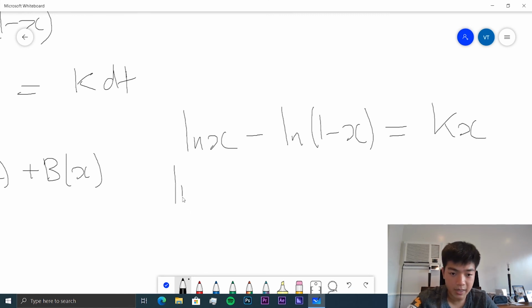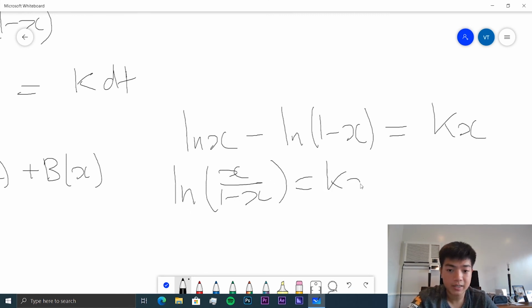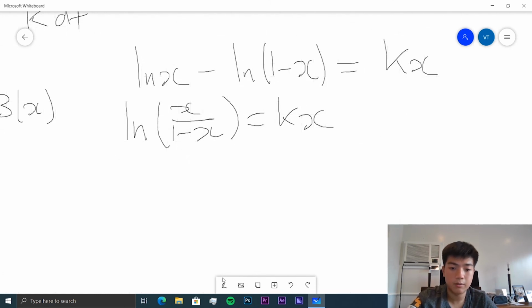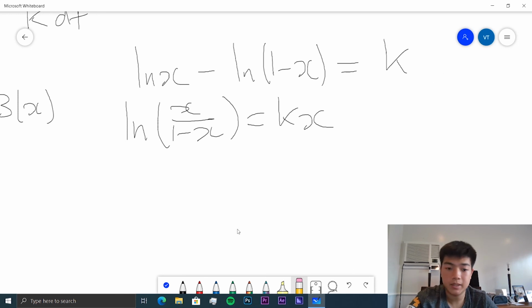So we get ln of x over (1 minus x) is equal to kt, sorry, we integrated this side with respect to t. So this should be kt.